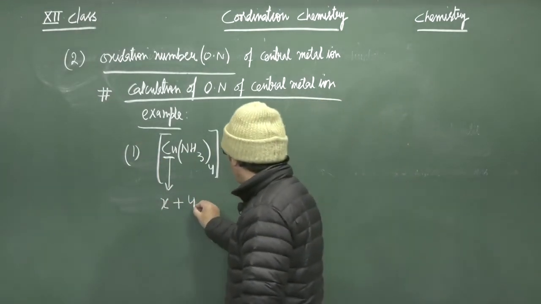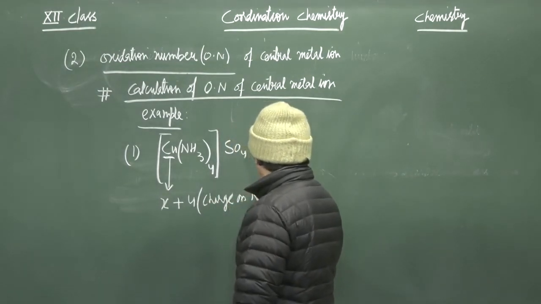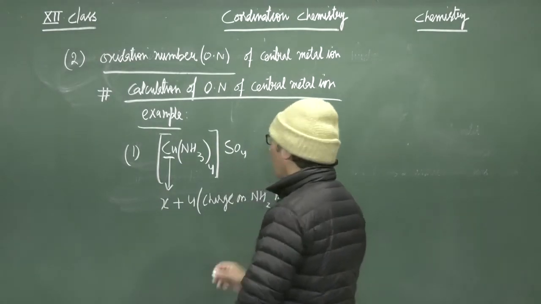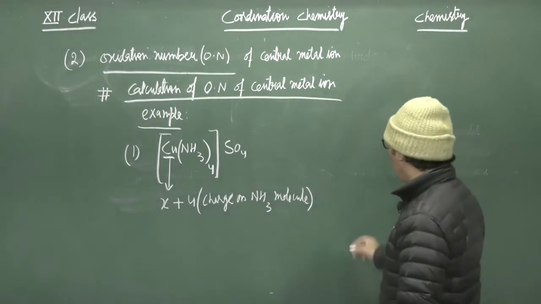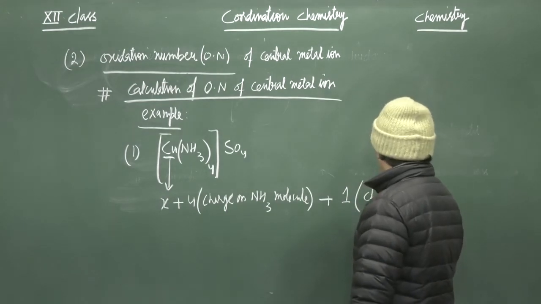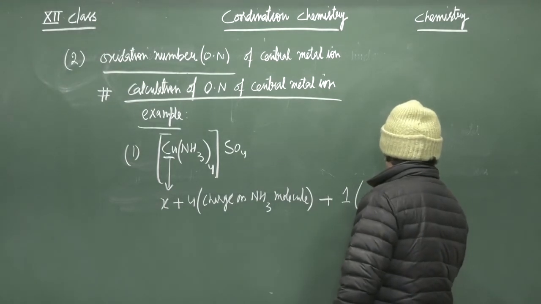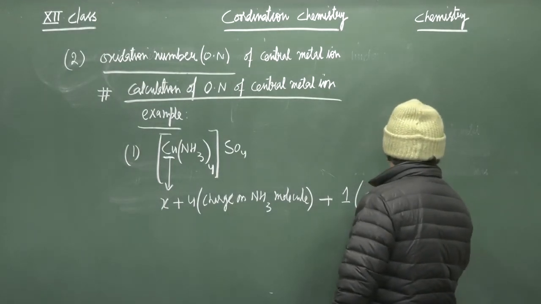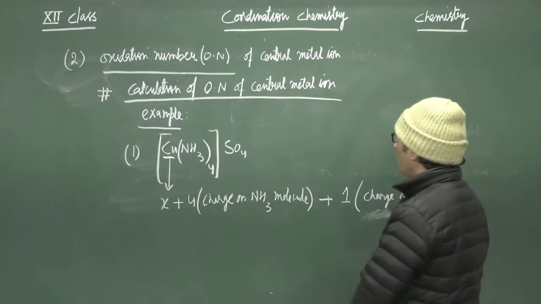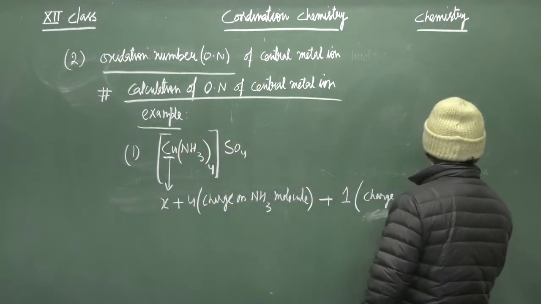It will be 4 into the charge on NH3 molecule, 4 being the number of ammonia molecules, plus you have 1 sulfate ion, charge on sulfate ion, SO4 2 minus. And since this compound overall is neutral, this sum will be equated to 0. So we form an equation.